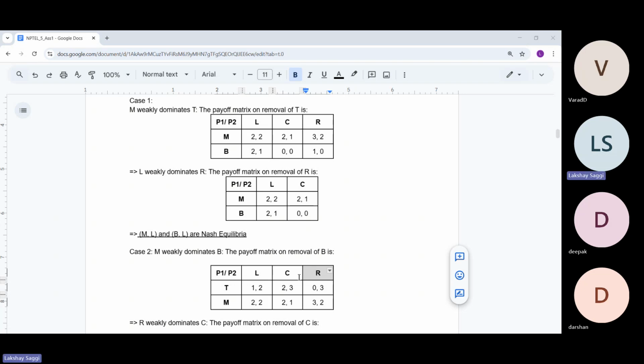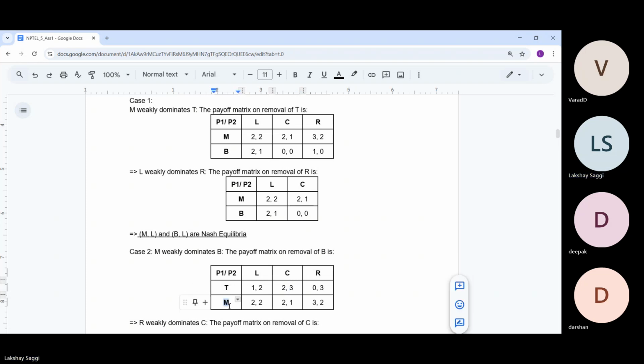So for the column player, what we actually want to see is the second entries of the tuples. So let's see, if the row player played the strategy T, then on playing R, the column player gets a payoff of 3, and on playing C, also gets a payoff of 3. So the strategy R is no worse off than strategy C if the row player played T.